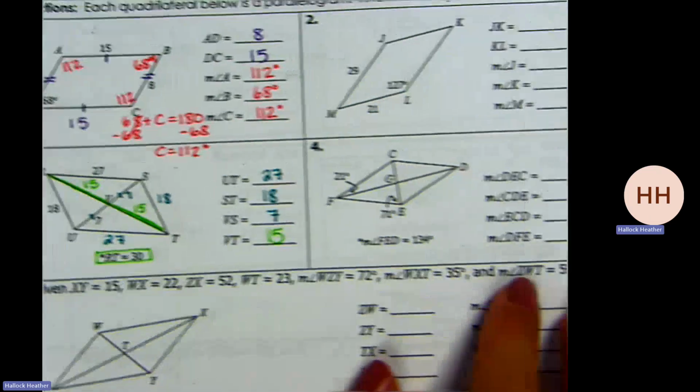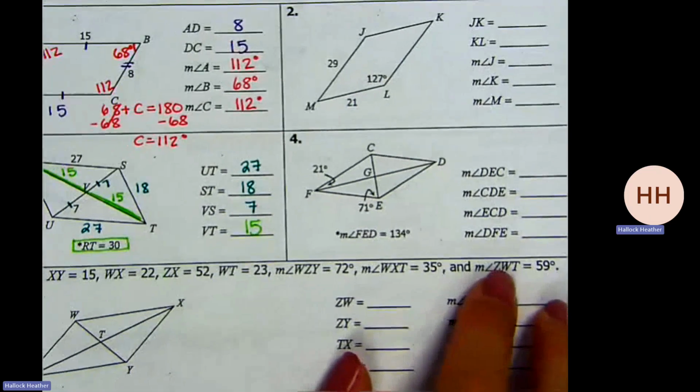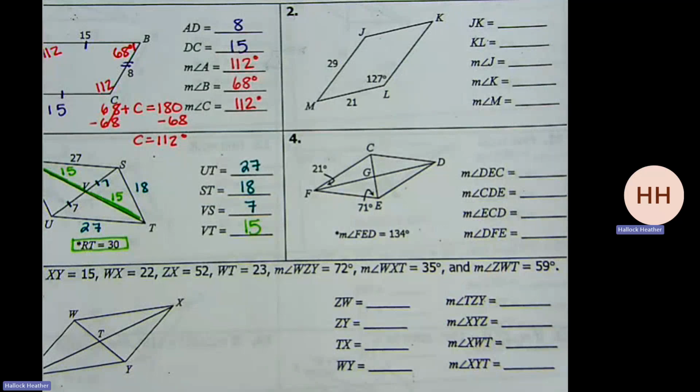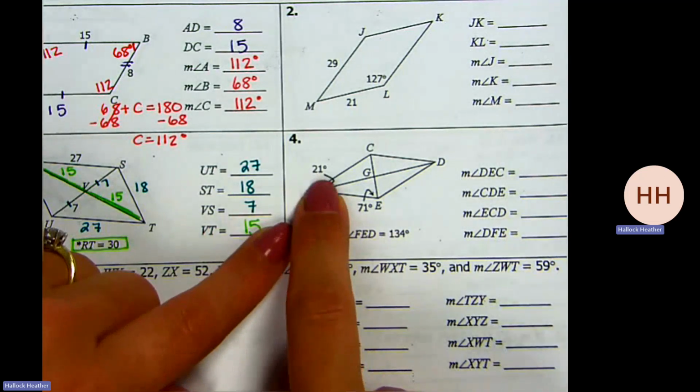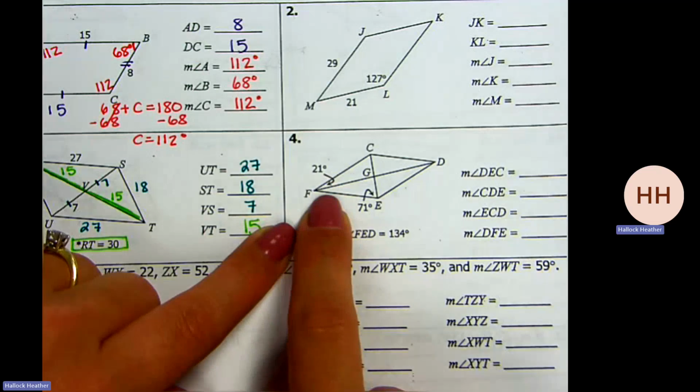So number four, this has technically parallel lines cut by a transversal in the problem. So this is from stuff from quarter 2. I know that this is 21. That does not mean the angle below it is 21. It is not an angle bisector. Could it be? Yes. Is it ever going to be? Probably not. There's like a 1% chance it's going to be the same angle. Okay.